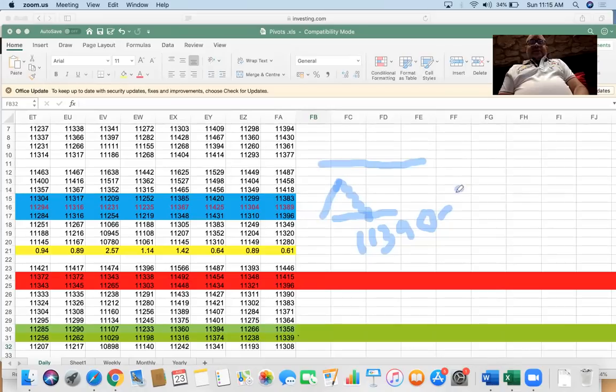So in this 11,390 to 396 zone, if the market is able to hold, operative word, if the market is able to hold, you would buy for your swing position and your intraday position. Now, alternatively, what can happen is we open beyond, say, 11,420 and we start to go flat.